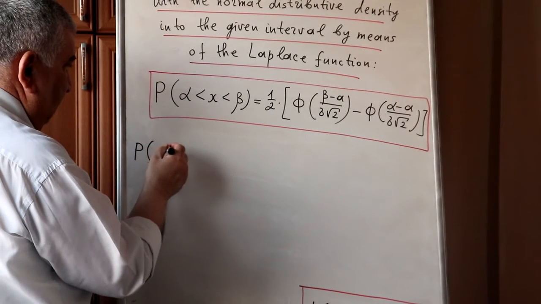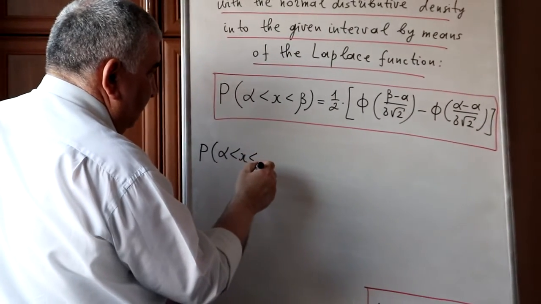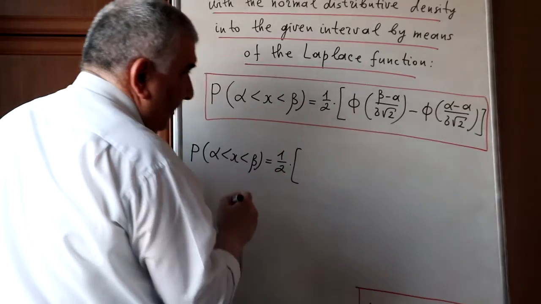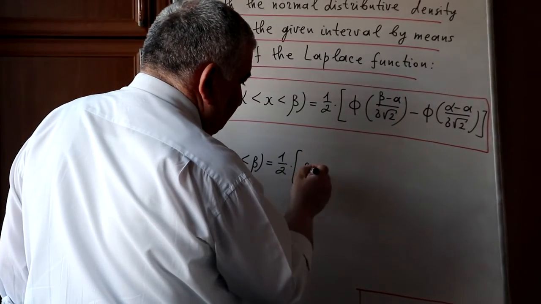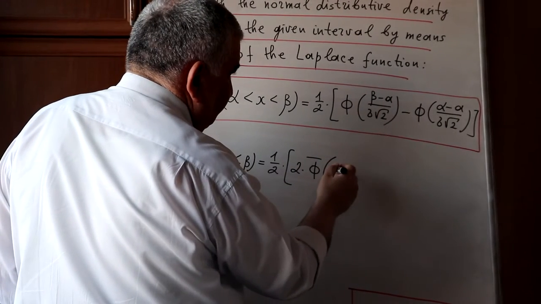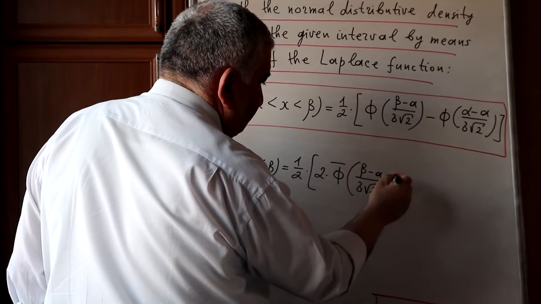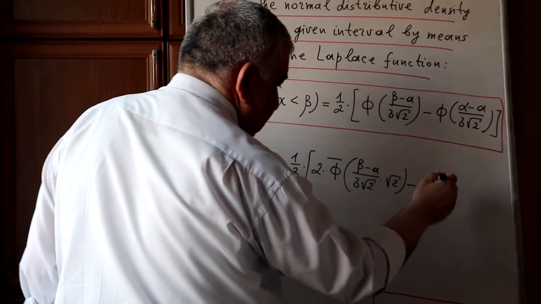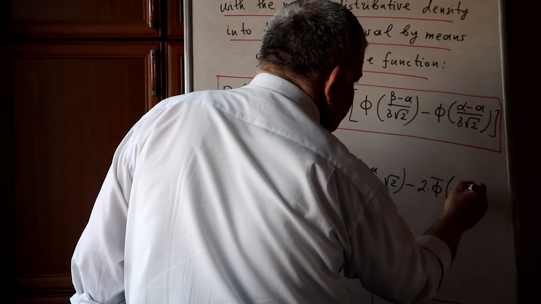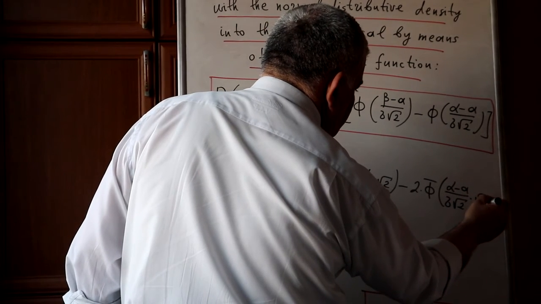P that alpha is less than x is less than beta is equal to 1 second multiplied by, use this formula, 2 multiplied by phi bar of beta minus a over sigma square root of 2 multiplied by square root of 2 minus 2 multiplied by phi bar of alpha minus a over sigma square root of 2 multiplied by square root of 2.